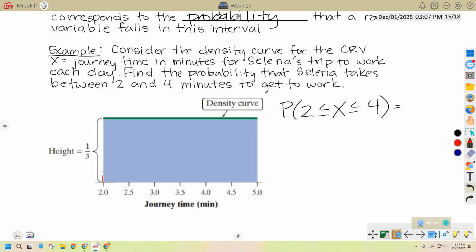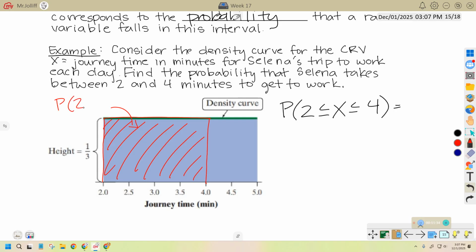So I'm going to mark 2 minutes on the graph. I'm going to mark 4 minutes on the graph. And to find the probability that I'm in between those two values, I need the area under that density curve. So that area that I marked in red, that's my P. That's what I'm looking for.